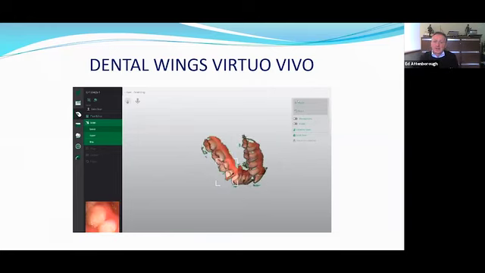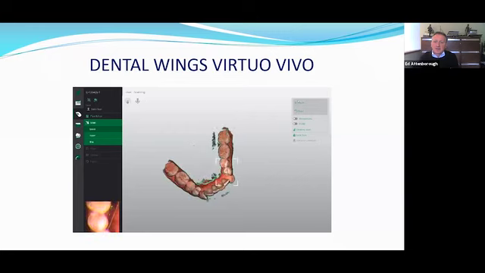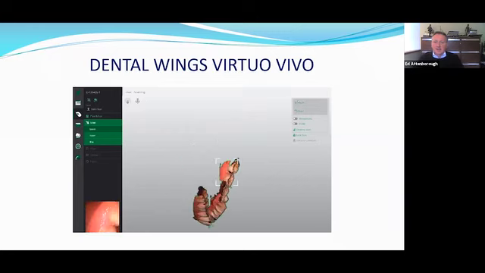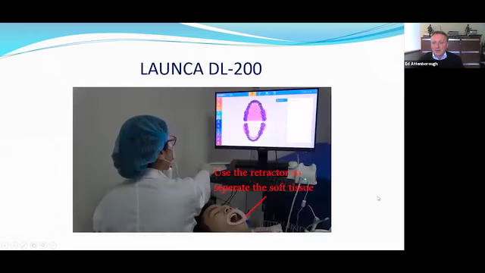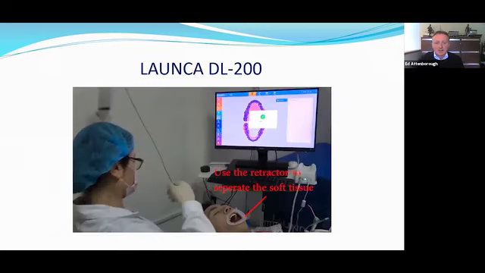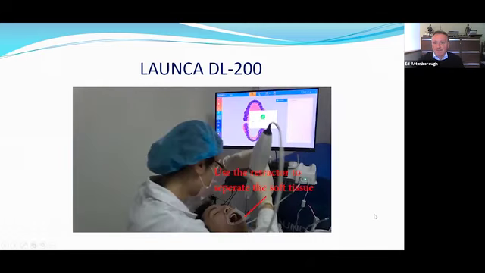Very fast scanning protocols these days. So that gives you an idea of three of the scanning protocols. And the Launca one we could look at there, but I'll probably skip over that. They're using a retractor, similar process, but I'm just mindful of time here, so let's skip over that one.